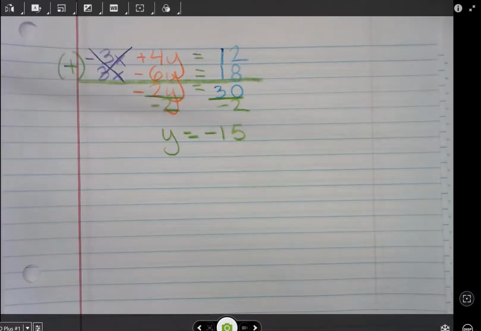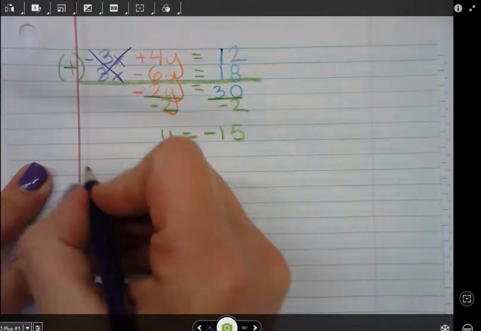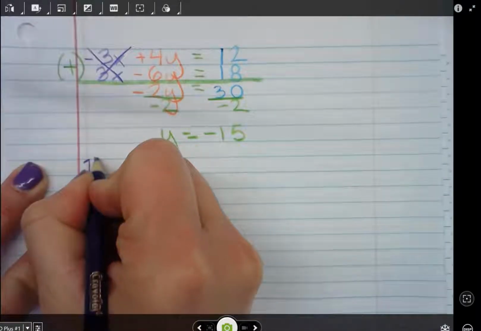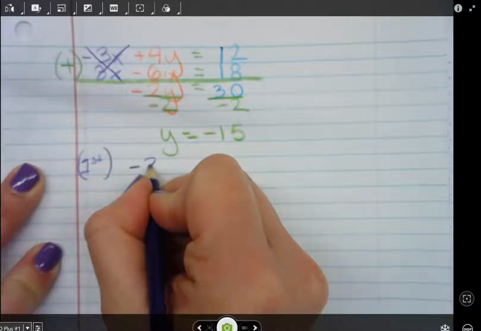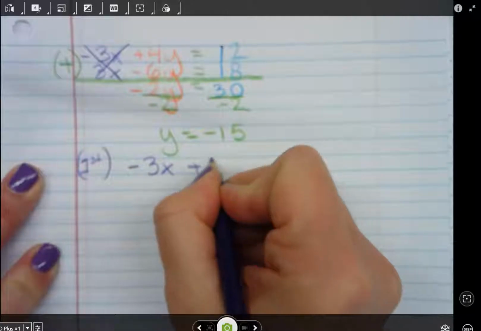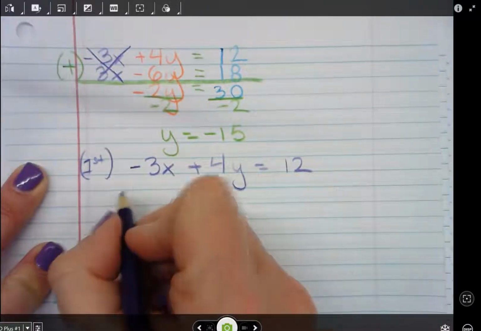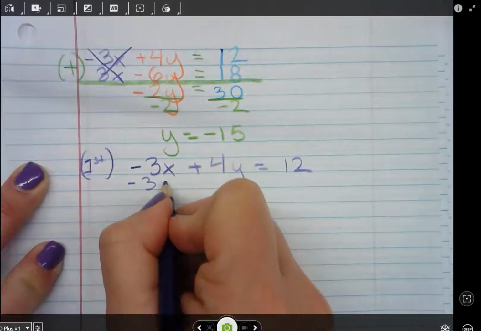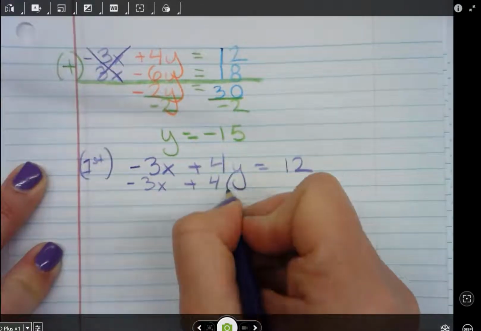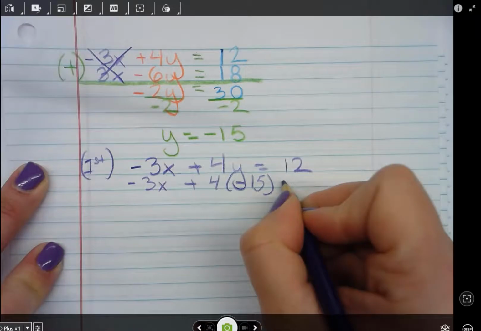The next step would be to substitute the answer, y equals -15, into one of the equations to solve for x. So I'm going to use the first equation, which was -3x plus 4y equals 12. So I'm going to rewrite the equation, and I'm going to substitute in -15 for y.